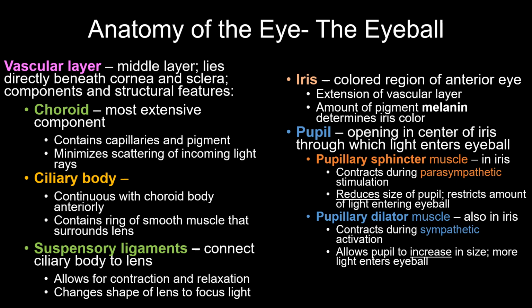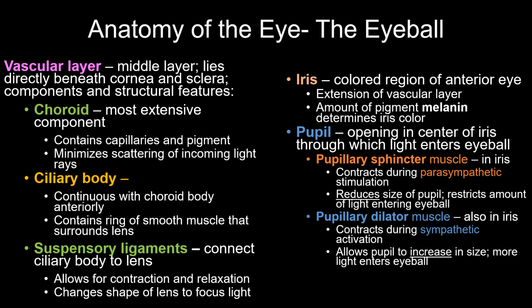The choroid layer also contains melanocytes, which produce a pigment, and that pigment reduces the scattering of light in the eye. The reflection of light from a camera's flash, you'll see that red eye effect. That is actually due to the large amount of blood in the choroid.